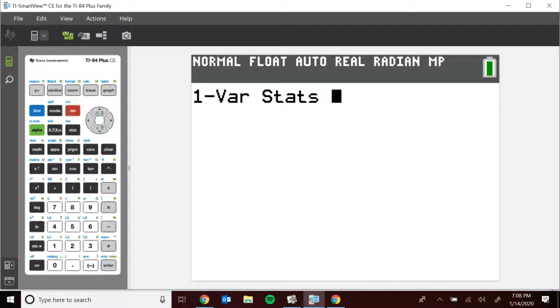And so if your calculator has the older operating system, this right here is all you need. Just putting one variable stats will default to computing the statistics for the data in list 1. So just putting that is all you will need.